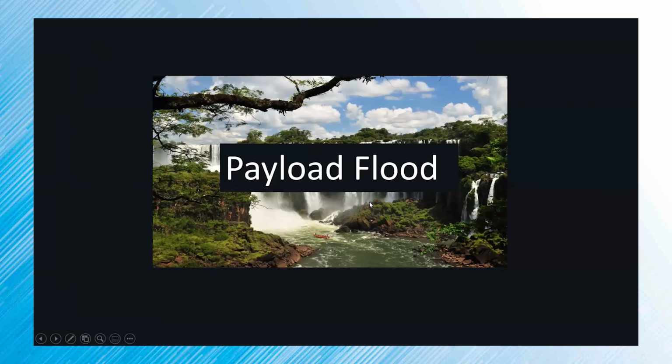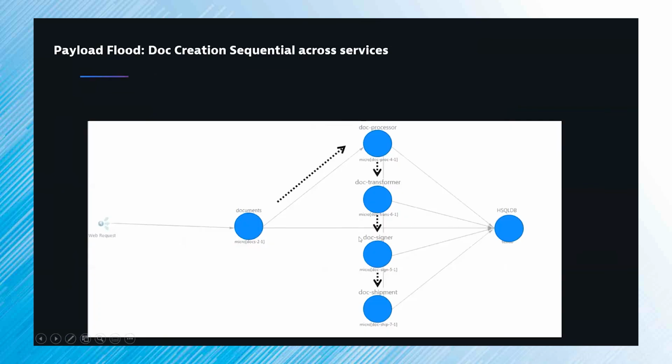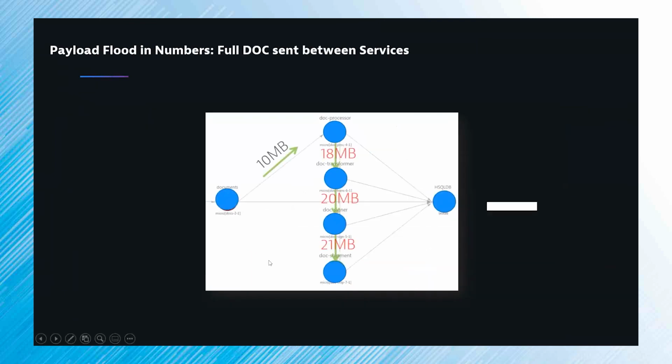This is another example from one of the insurance companies, wherein they were scanning a lot of documents. These documents had huge sizes. The way they had written the logic was that once the document enters and gets scanned, in every layer they were passing the whole file.